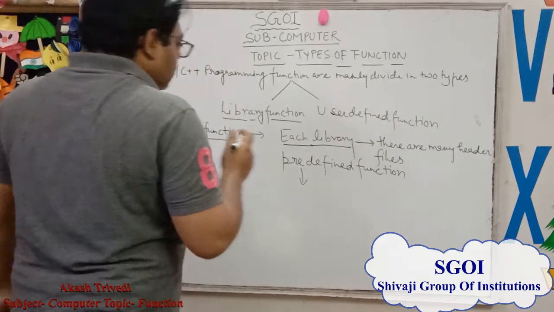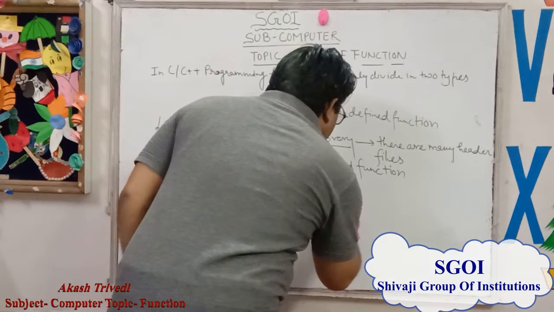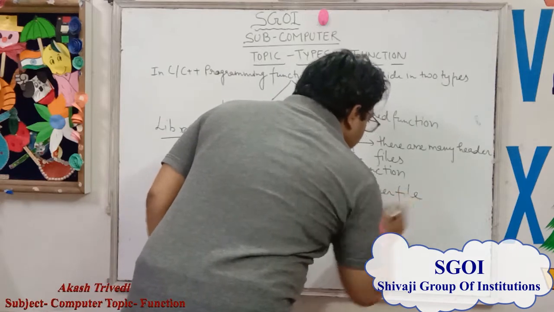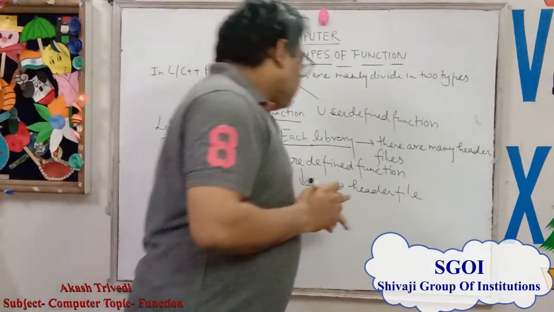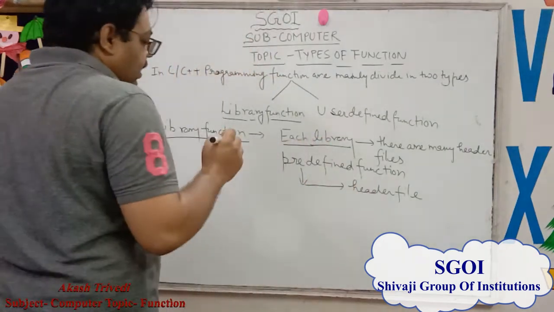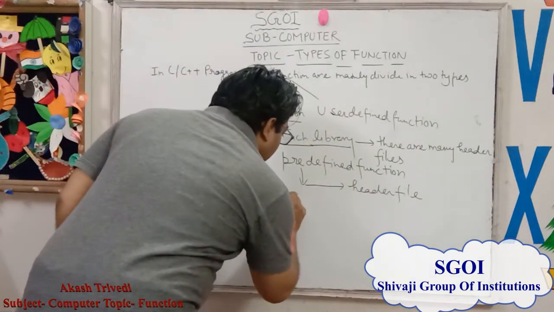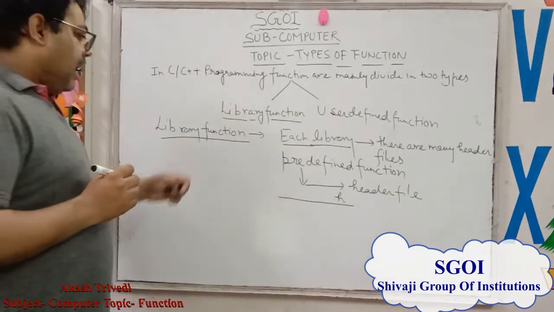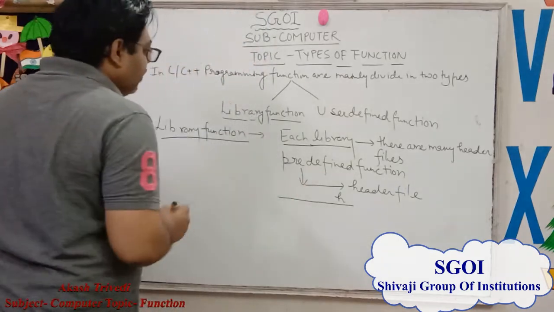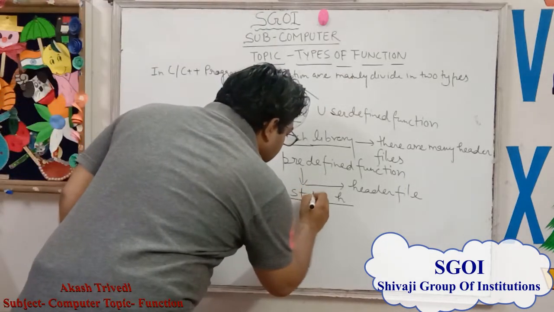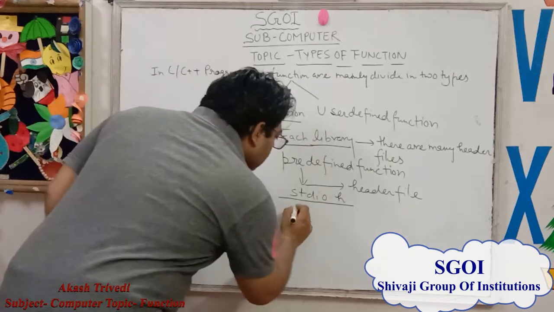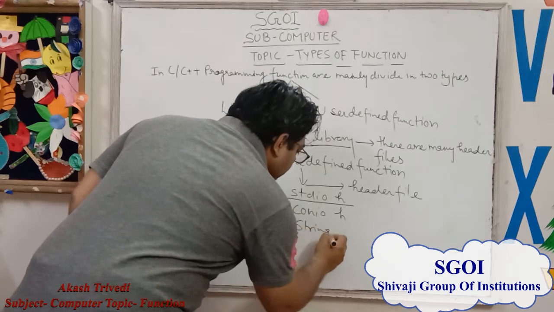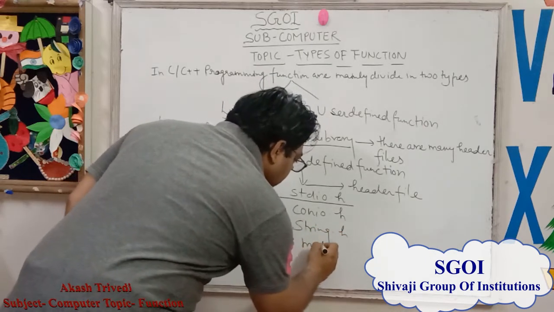And these functions are stored in header files. We understand the header file with its extension. Every header file has an extension .h. There are many header files, like stdio.h, conio.h, string.h, math.h.